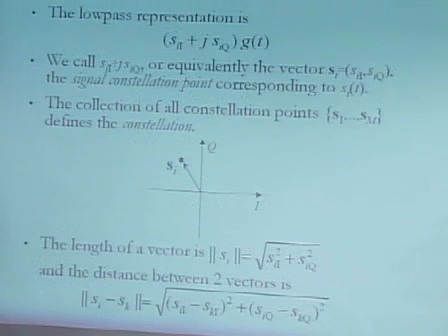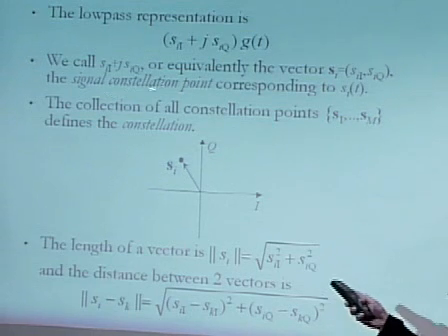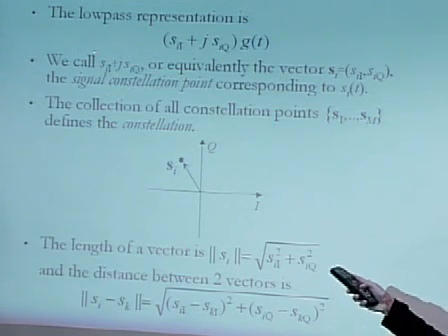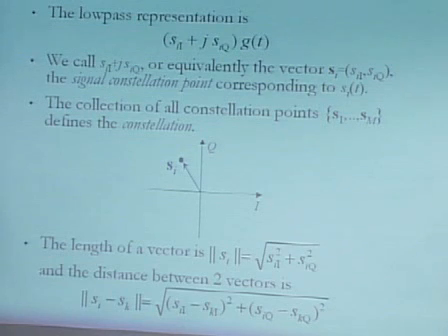Just for completeness, the corresponding low-pass representation is the usual complex signal. It's the in-phase coefficient plus j times the quadrature coefficient, times the shape g of t. We can call these in-phase plus j quadrature. We can treat this as a vector, right? This is a complex number.